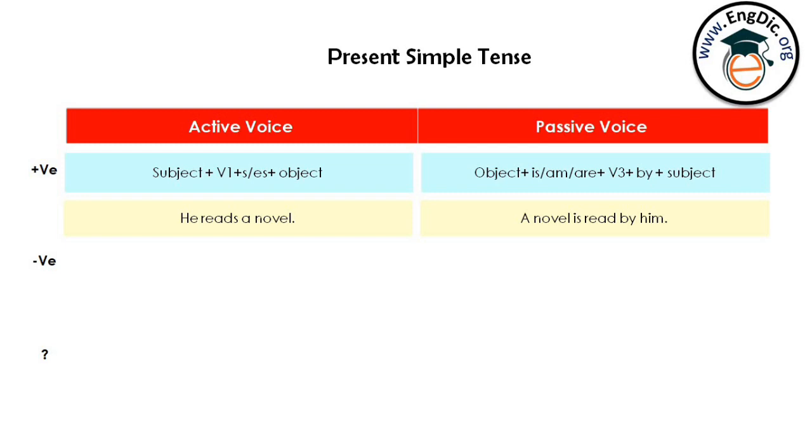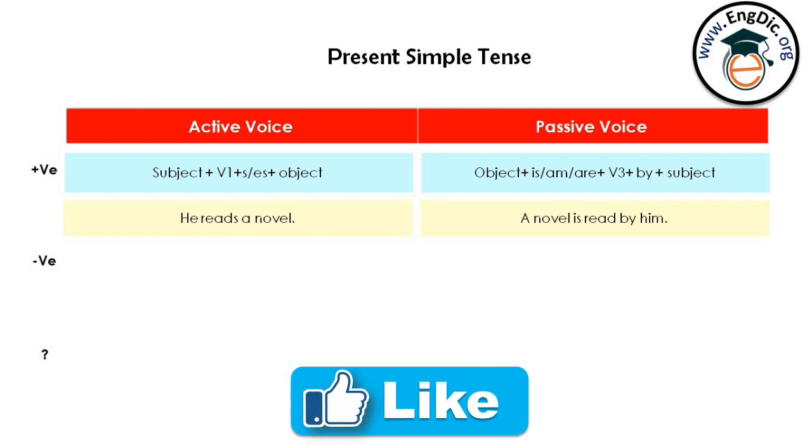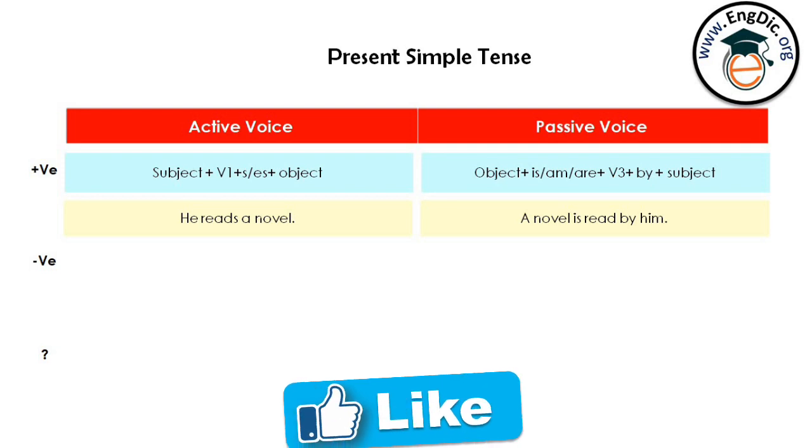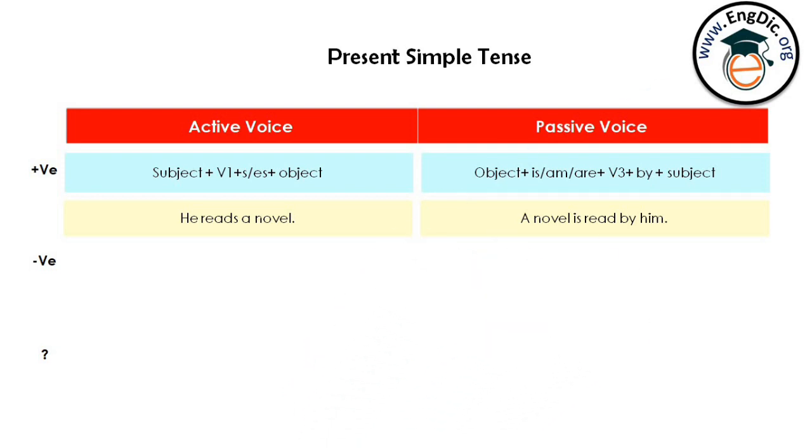In passive voice, we have to put the object, is, am, are, third form of verb, by, and then the subject. As you can see in the example, a novel is read by him.